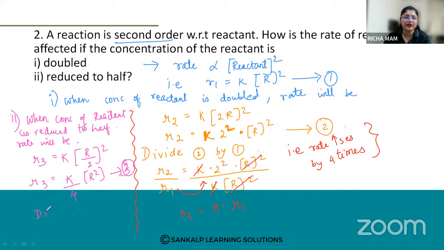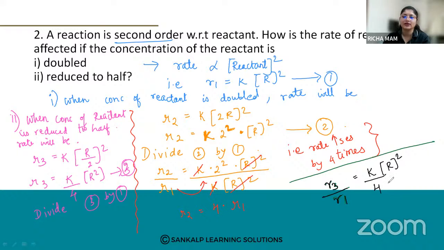Now what we'll do, divide 3 by 1. Let me write it here. So R3 by R1 is equals to K by 4 R square upon R1, which is K into R square.